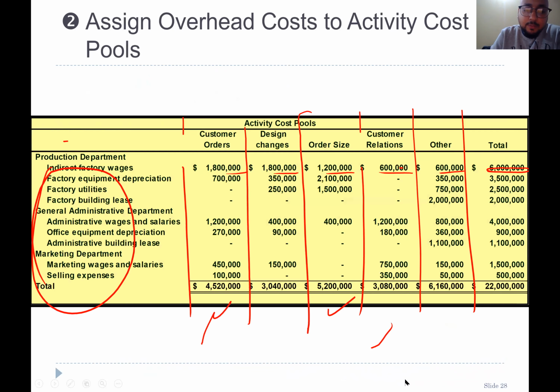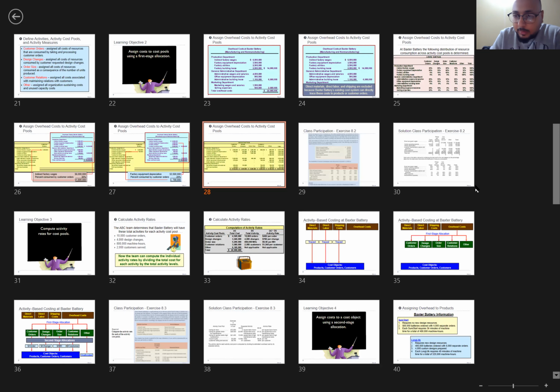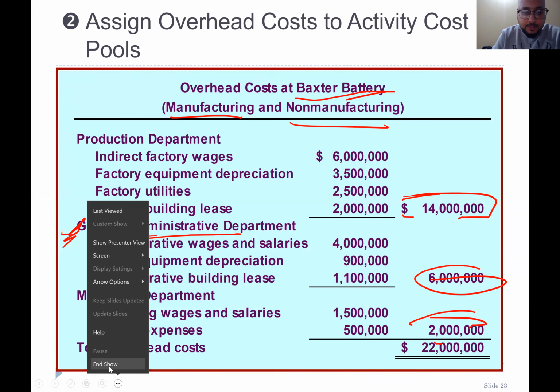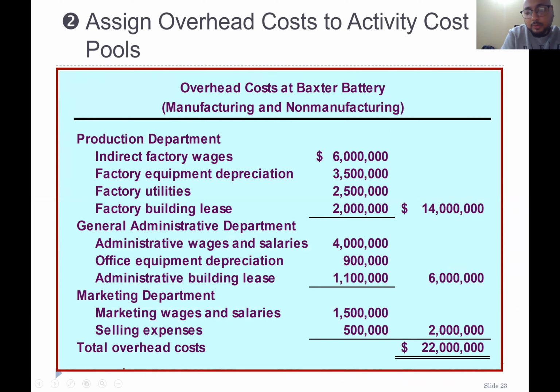So essentially what we have done is we have divided the total overhead into 5 activities, right? Customer design, customer order, customer relation, others, right?